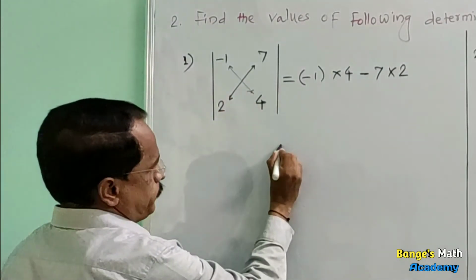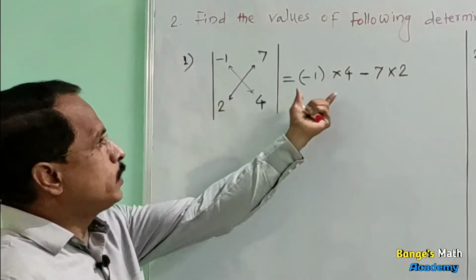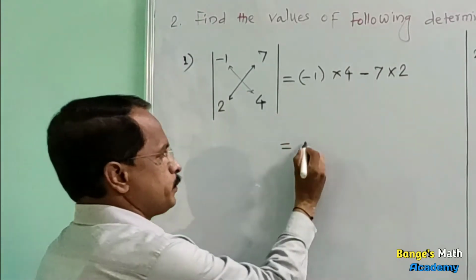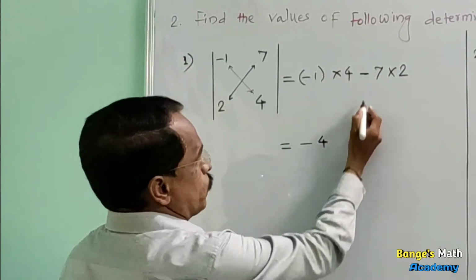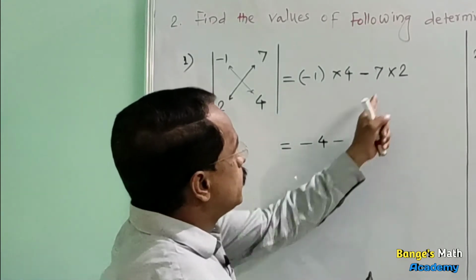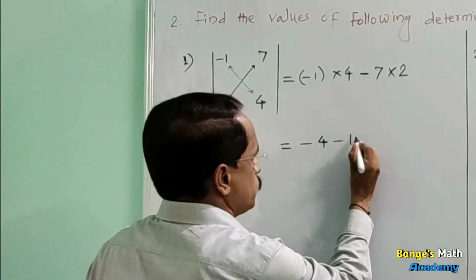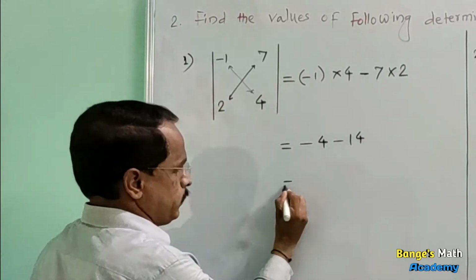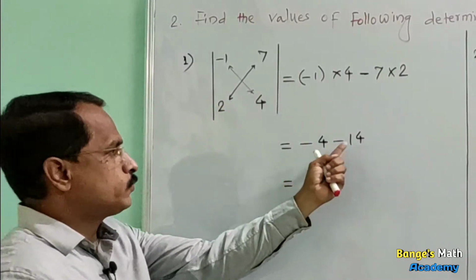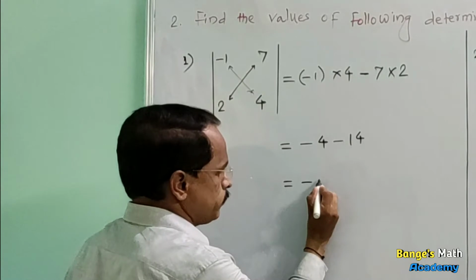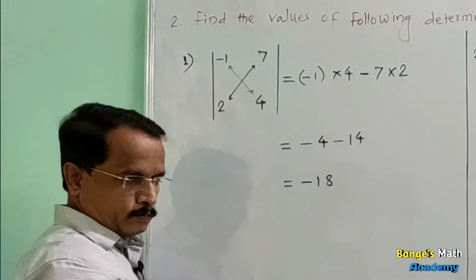The next step: minus 1 into 4 is minus 4, minus 7 into 2, 14, is equal to minus 4 minus 14, which is minus 18.